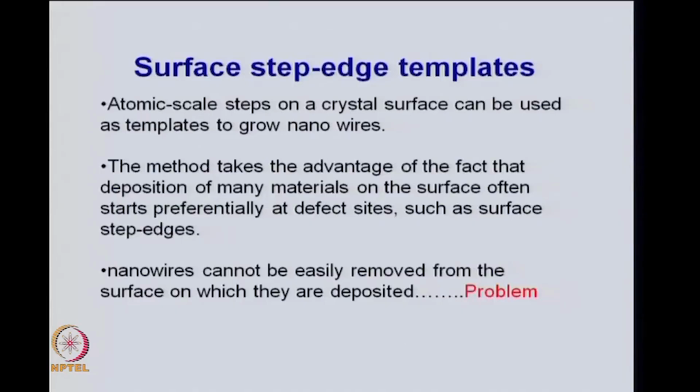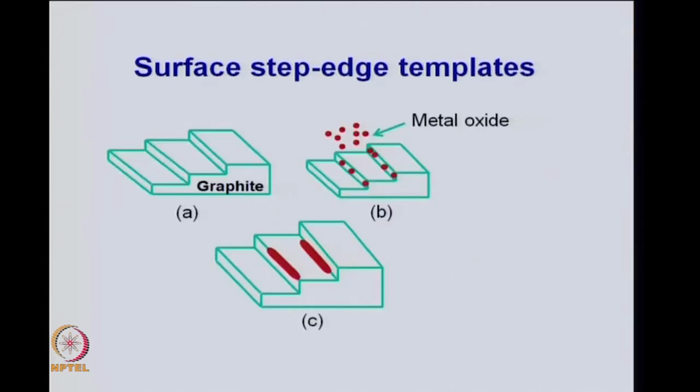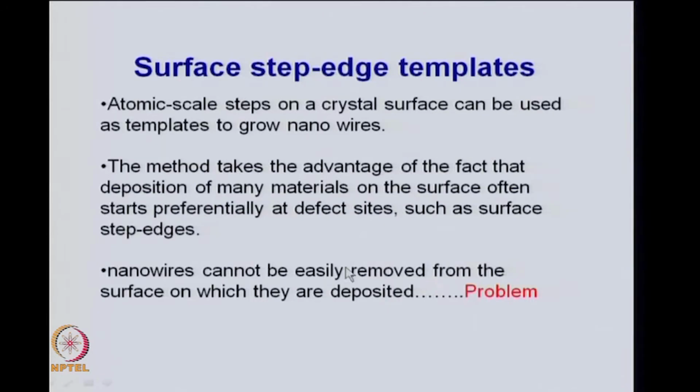So, this is a natural behavior, and thermodynamically it is known that most of the growth of new material takes place on crystal surfaces where there are edges and kinks, and that is what is used in this surface step edge template method. The nanowires are growing at these edges.